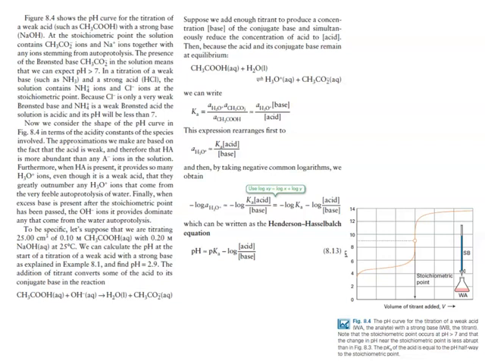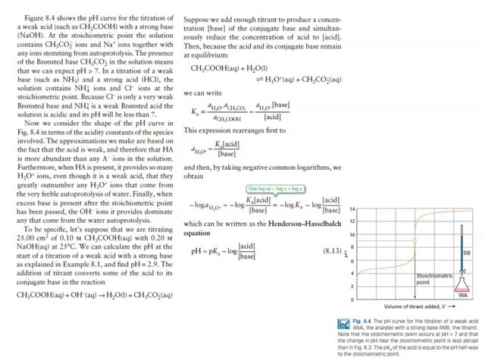So now we consider the shape of the pH curve in figure 8.4 in terms of the acidity constants of the species involved. The approximations we make are based on the fact that the acid is weak, and therefore that HA is more abundant than any conjugate base A- ions in solution.